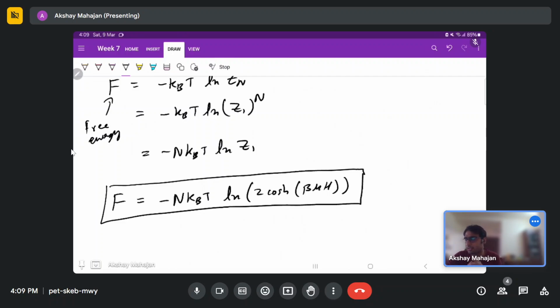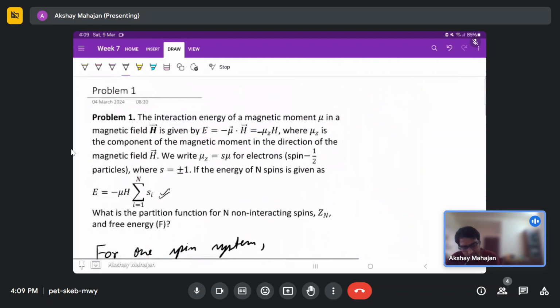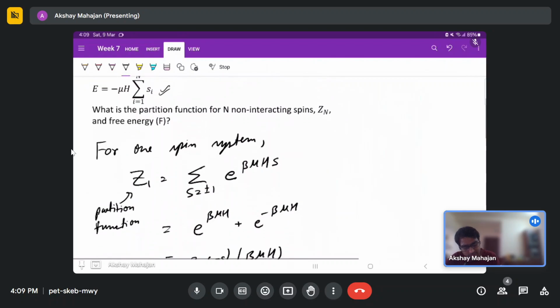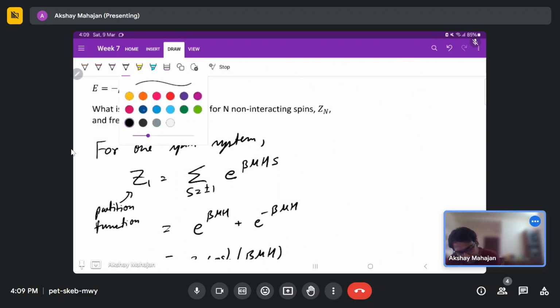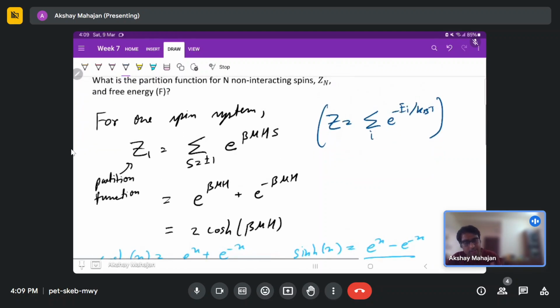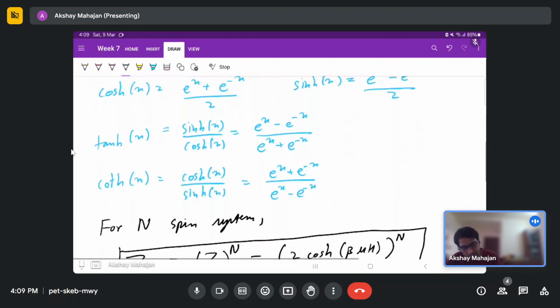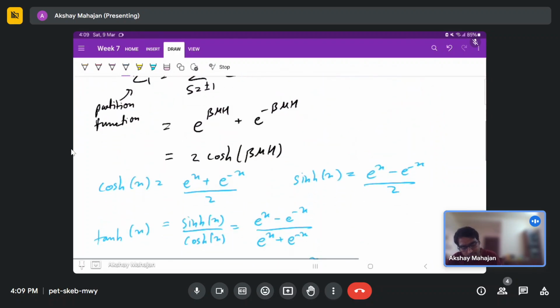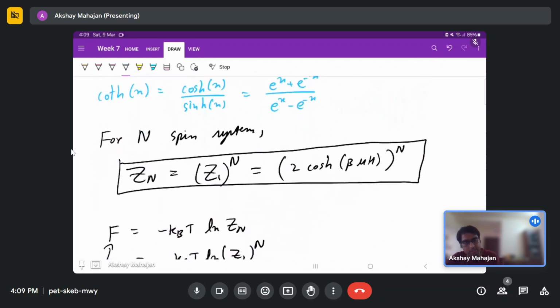So this was our problem number 1. Any doubt in this one? This was a simple one. We just have to find the partition function, which by definition is the summation over i of e to the minus E_i by k_B T. First we find it for the one spin system, which we got as 2 cosh(β μ h), and then for the n spin system it is just that to the power n.